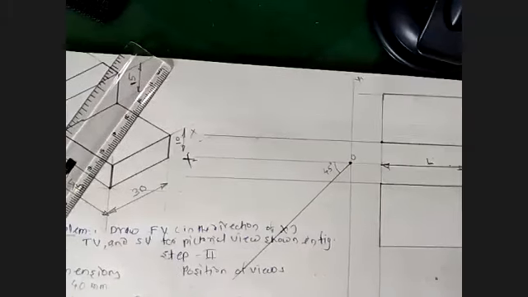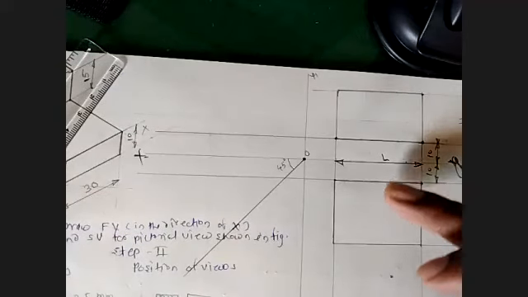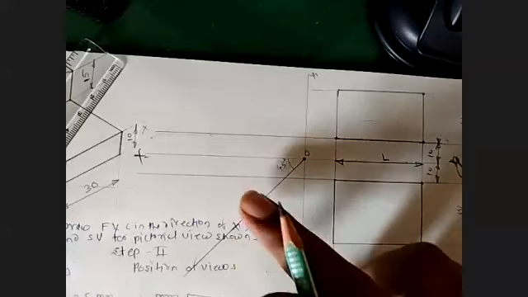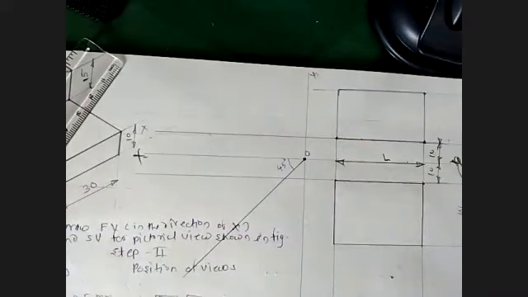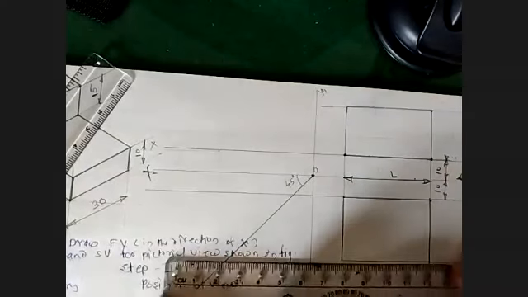Now, with the help of this front view and top view dimensions, length, height, width, you have to get the boundaries for your side view. So how will you get the boundary for the side view? You have to take the height from the front view and the width from the top view.